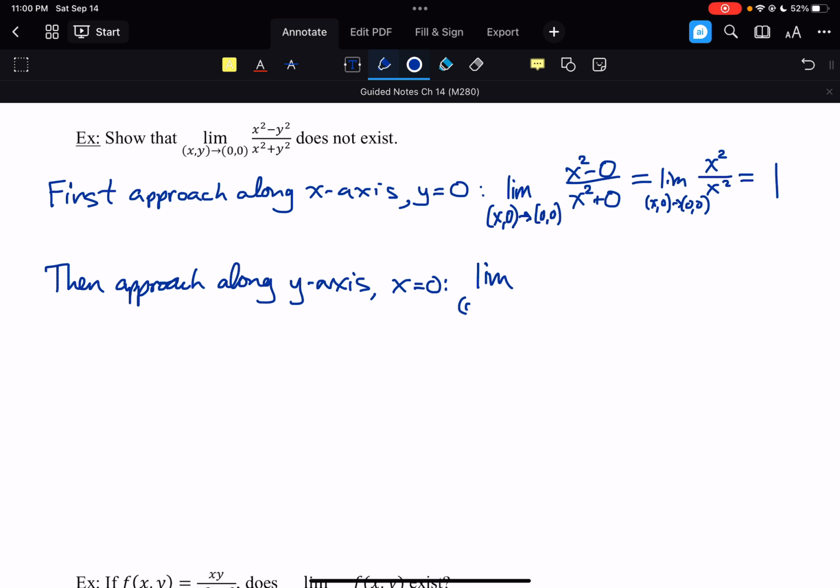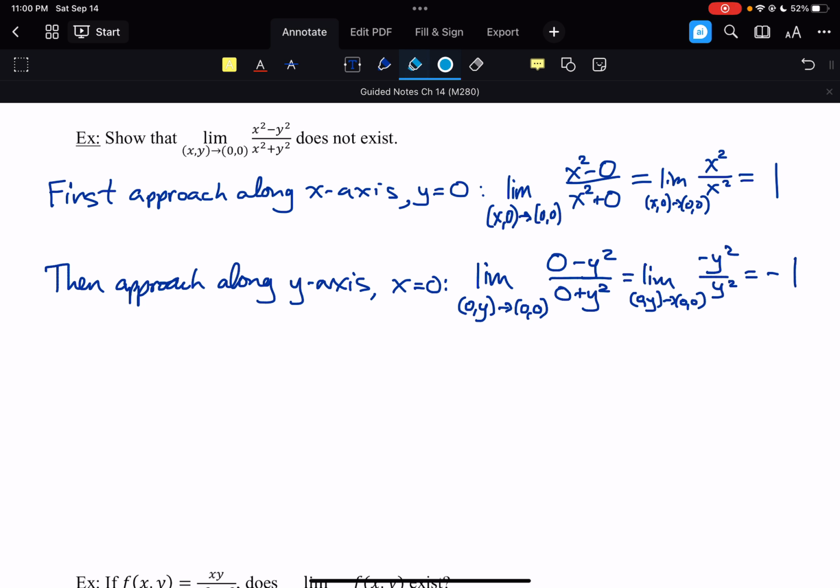So we get the limit as (0, y) approaches (0,0). So we get (0 minus y squared) over (0 plus y squared), the limit of negative y squared over y squared. We get some cancellation. However, there is a negative in there.